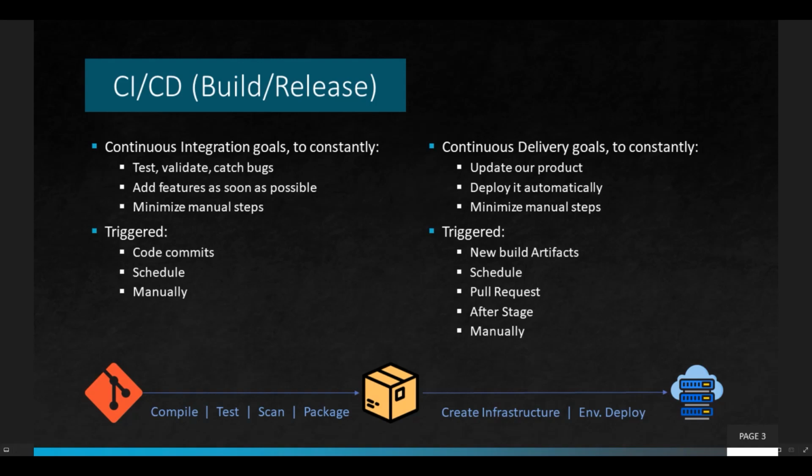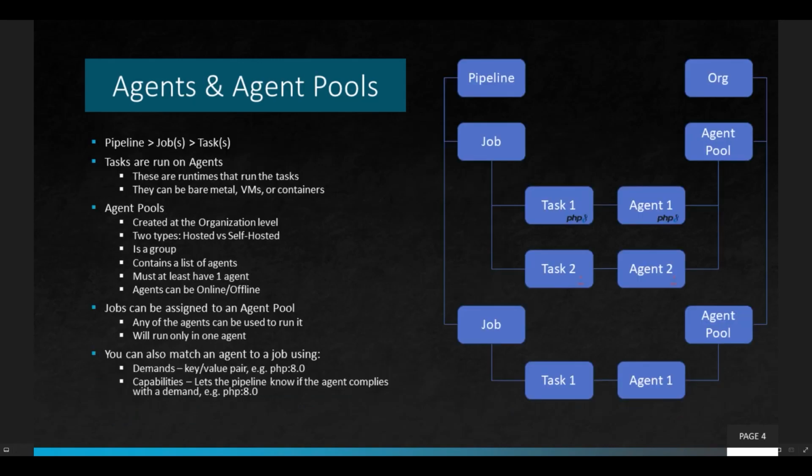If you're using the classic pipelines, then you're going to have the build process in one pipeline and the release process in another definition. So it splits it into two processes. But if you're doing the YAML pipelines, which is the new way, you can put the whole pipeline structure in one pipeline definition.